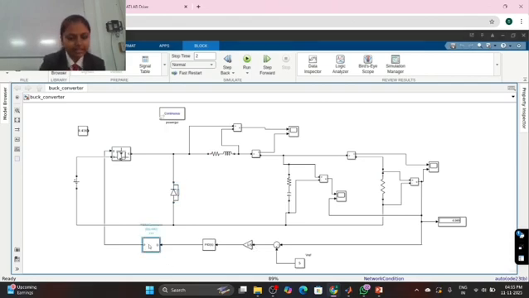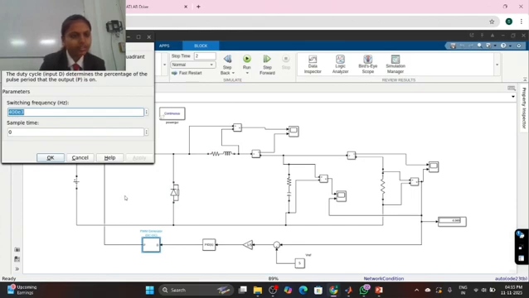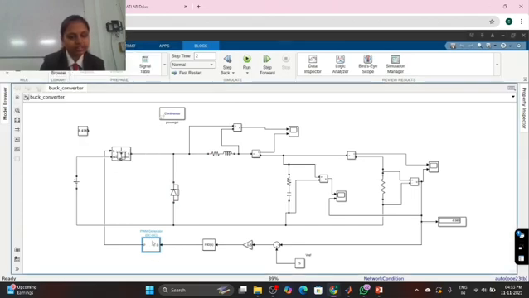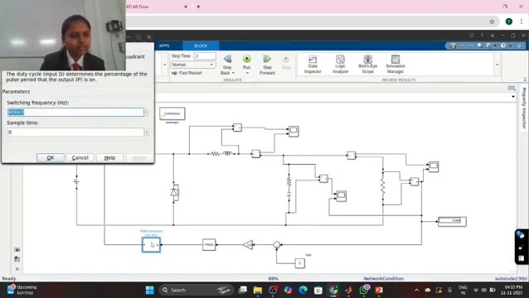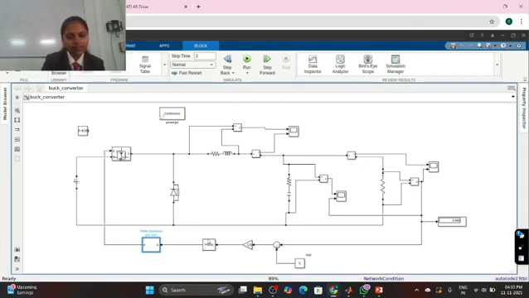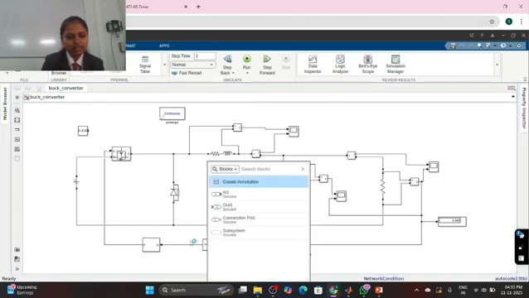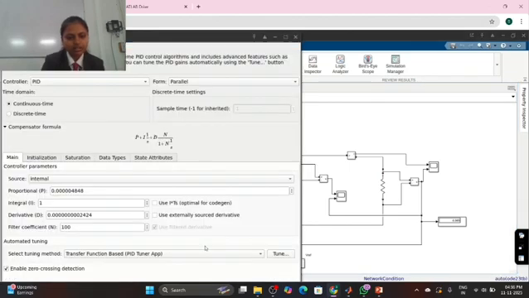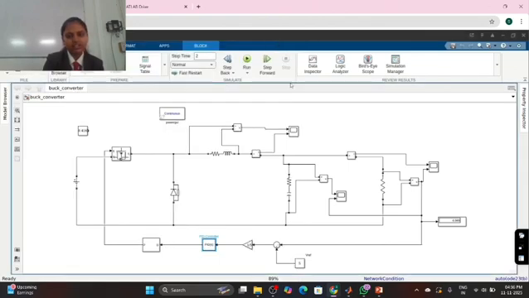This is the PWM generator. The switching frequency is 400e3. And this is the PID controller. The PID controller parameters are proportional 0.0004848, integral 1, and filter coefficient 100.